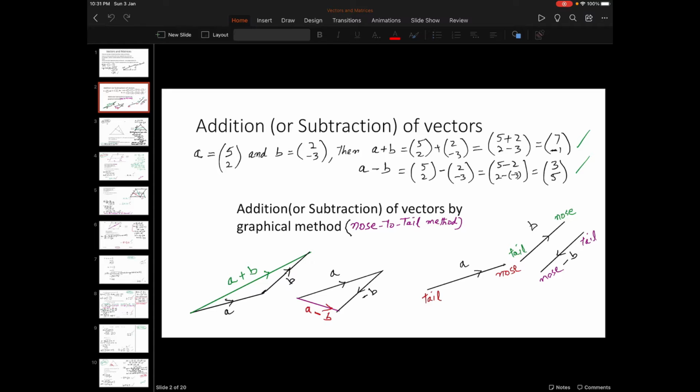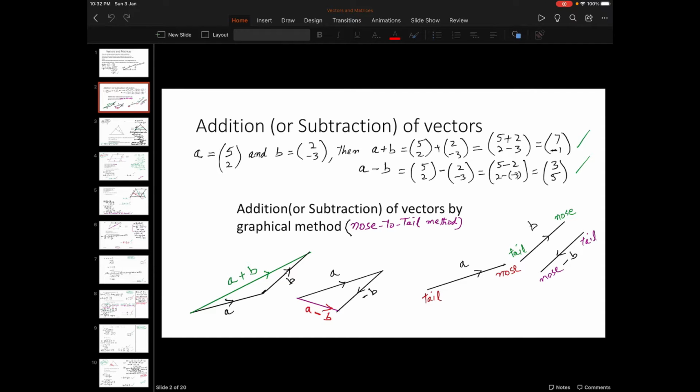X value should be added to x value of the other vector. Similarly, y value of vector A should be added to y value of vector B. So we have 5 plus 2 and 2 minus 3. So the resultant is 7 and negative 1. So A plus B is equal to 7 and negative 1.